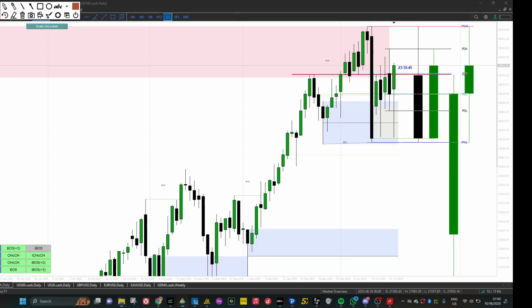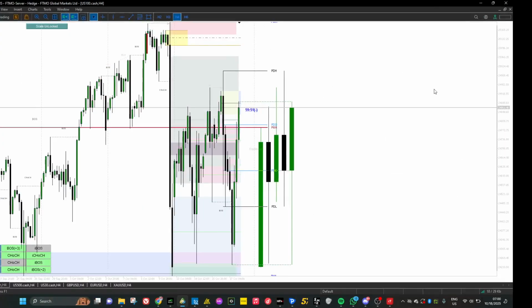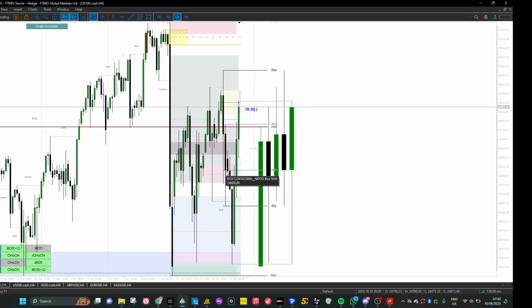On the 4-hour time frame, this is what price did. So we traded down. I need to see where we open. So we open around here. Previous daily close. Yeah, we open right around here.